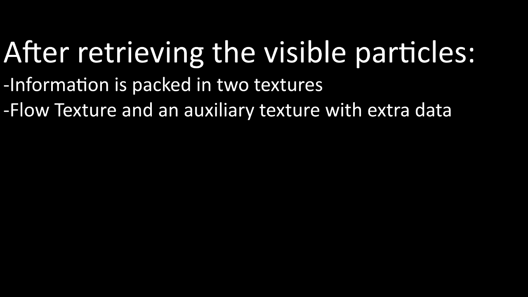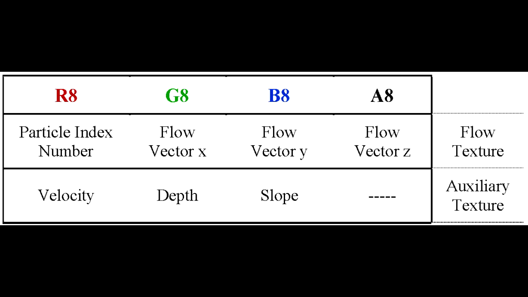After we have all the required data, we pack that information into two textures called the flow texture and the auxiliary texture. We store in the flow texture the flow vectors in the green, blue, and alpha channel, and we use the red channel as a global identifier for each particle in order to use it as an indirection and an identifier for the second texture, the auxiliary texture, where we store extra information that might be needed.